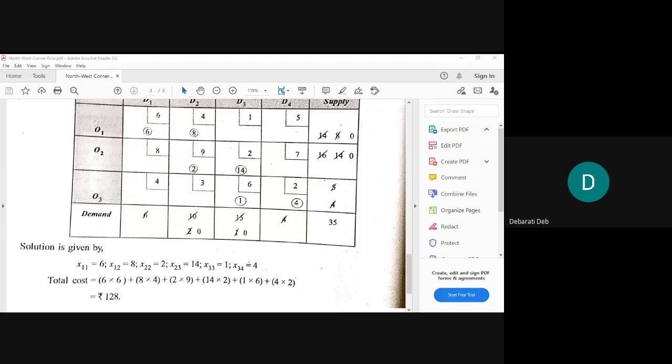That is the rule. Easy. And you go on assigning the lowest one out of the two, and striking off is very important. Because if you don't strike off in the very next step, you will make a mistake. If you don't know the present quantity, after strike off how much is left, you will make a mistake in the next step. So striking off is very important.